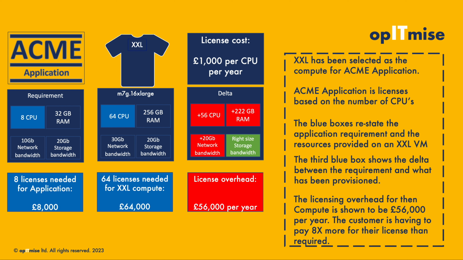The licensing overhead then for compute is shown to be £56,000 per year. Customers having to license 64 CPUs when the application actually only requires 8 CPUs to run performantly. Therefore, you're over-provisioning 56 licenses with a cost of £1,000 each.